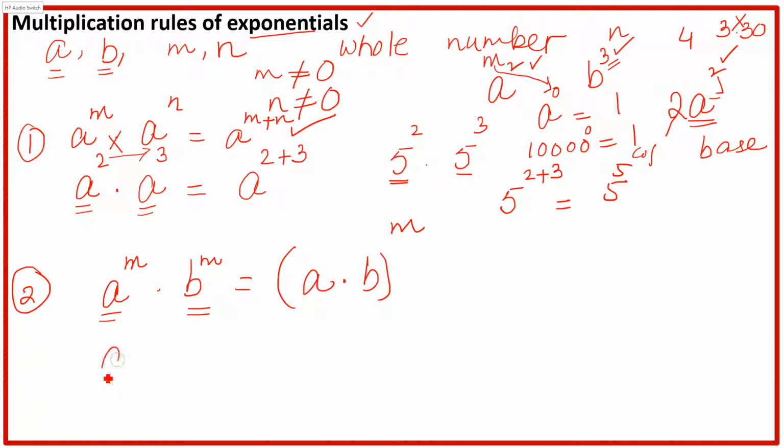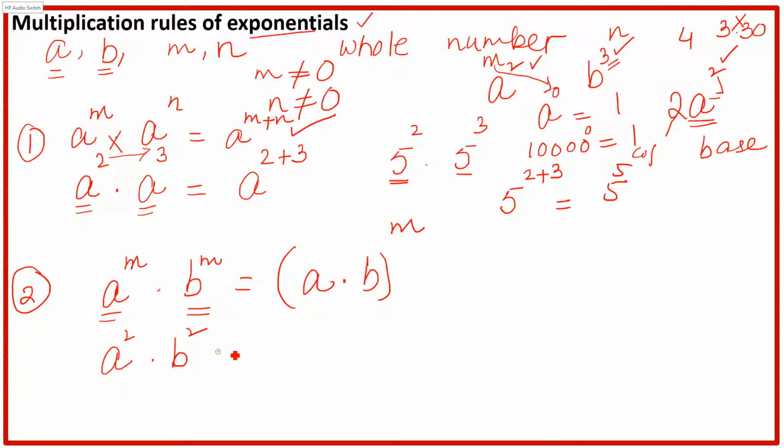Here we have A squared, and here we have B squared. In the first example the bases were the same but the exponents were different. Here the powers or exponents are the same, but the bases are different.